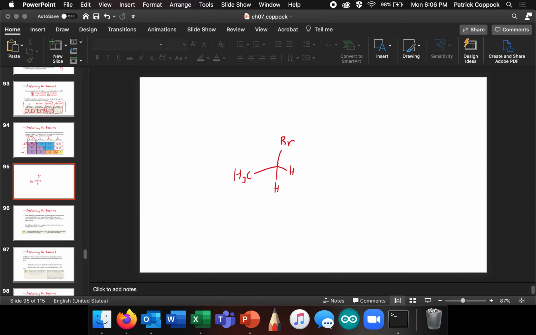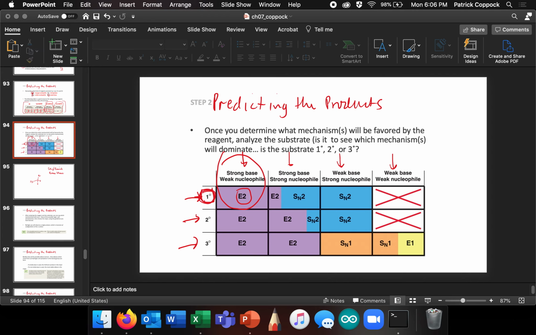This is the simplest primary alkyl halide, right? So it looks like ethyl bromide, or bromoethane, right? So it's ethyl bromide or bromoethane. So let's go back here. We're talking about it. I just did primary, okay?